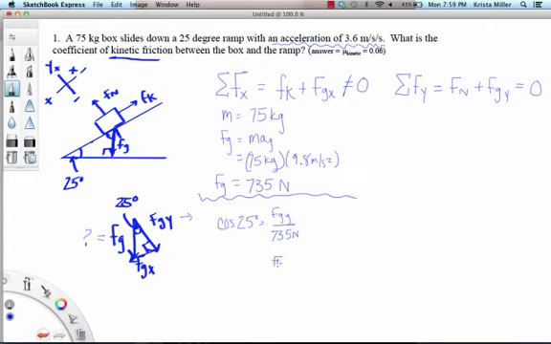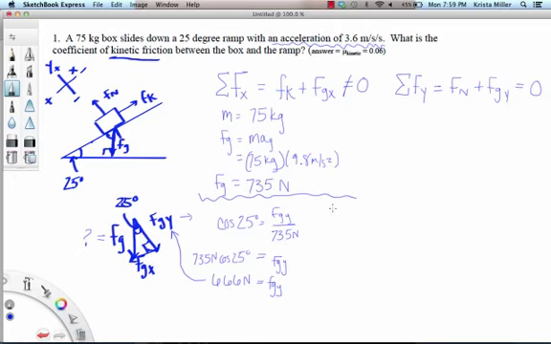So that means force of gravity in the y equals 735 newtons times cosine 25 degrees. And that should equal 666 newtons. So that is force of gravity in the y direction.